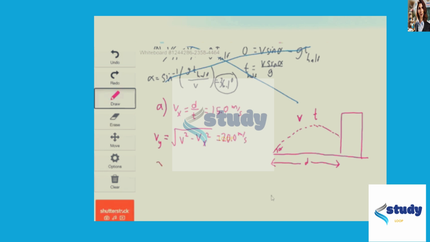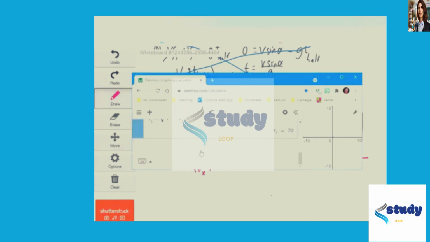Okay, so now alpha is going to be the inverse tangent of V sub y over V sub x. So let's get that.